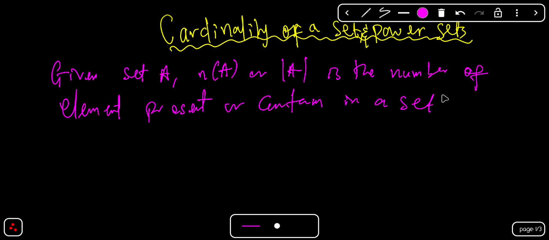So that is the cardinality of a set. Are we together?